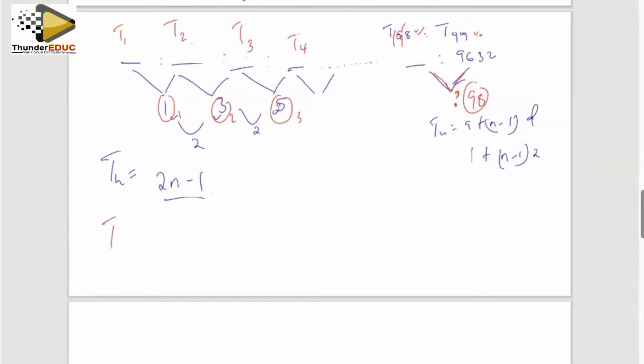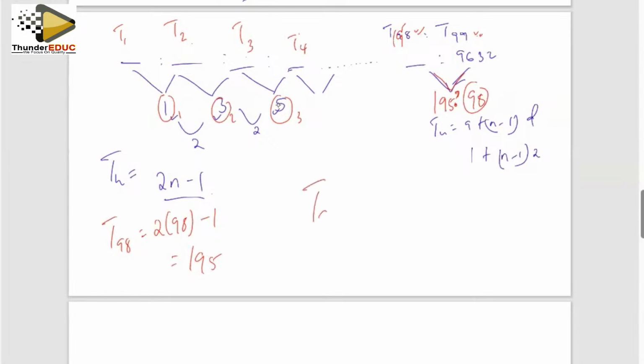So let me find this value there. I'm going to say T98 is going to be 2 times 98 minus 1. Twice 98 minus 1 is giving me 195. Now for me to move backwards, since the answer I'm getting is positive, I have to use the inverse.